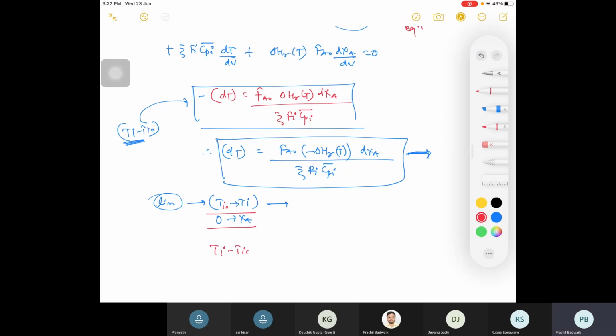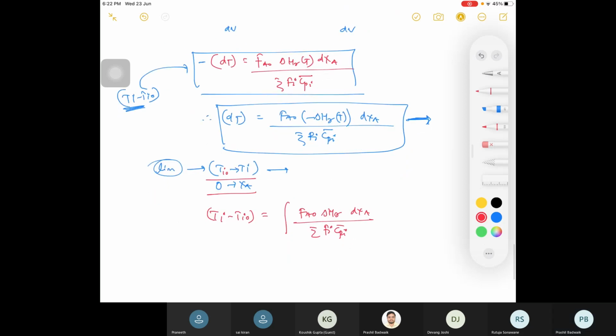Ti minus Ti naught, final minus initial, is equal to your Fa naught. Integration you write first. Fa naught delta HR reaction at temperature T dXA divided by your summation of Fi Cpi mean, with minus sign, right?